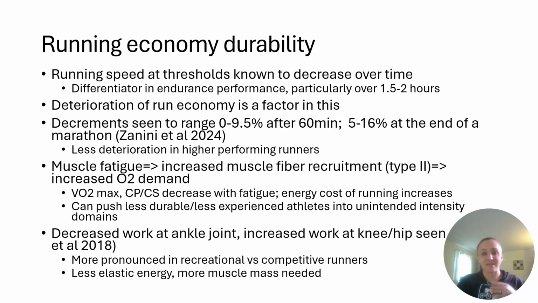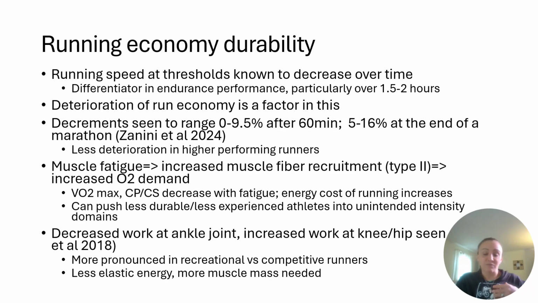Deterioration of run economy is a factor in this deterioration of speed. Decrements in run economy have been seen to range from about 0 to 10% after an hour of running, and anywhere from 5 to 16% at the end of a marathon. Higher performing runners are generally able to better maintain their run economy than lower performing runners. This happens as muscles fatigue and we have to increase muscle fiber recruitment.